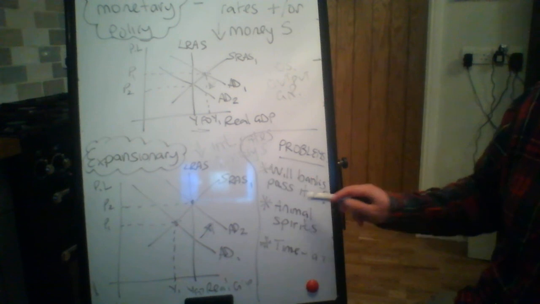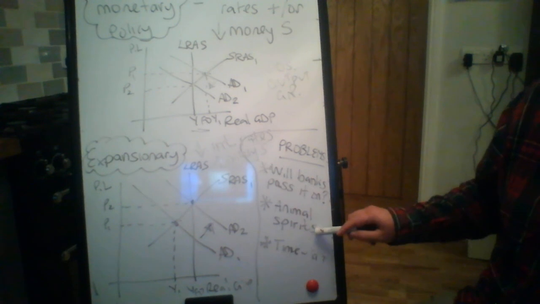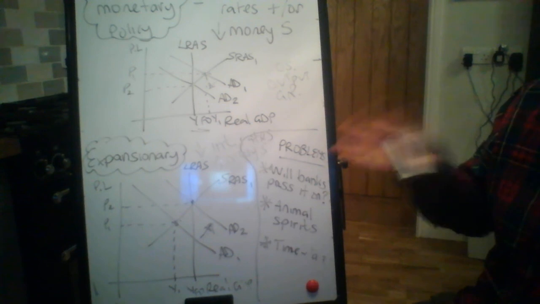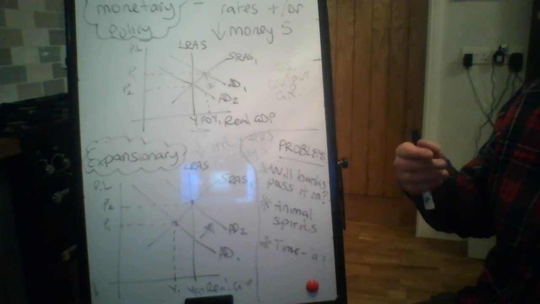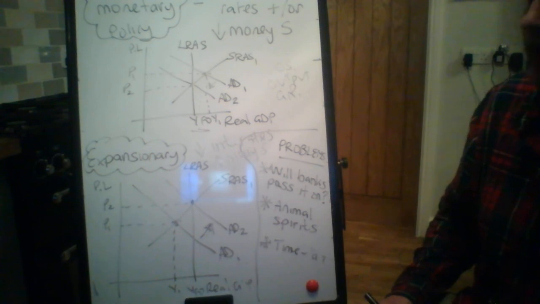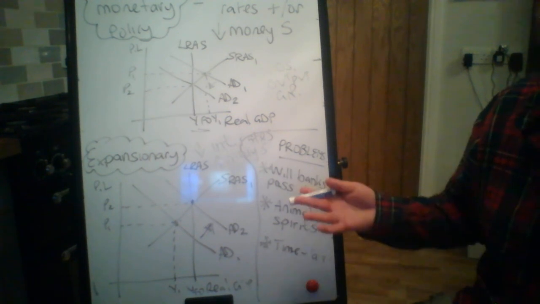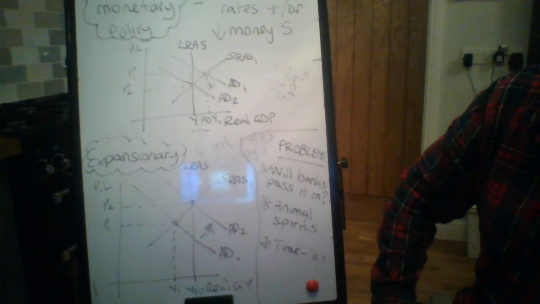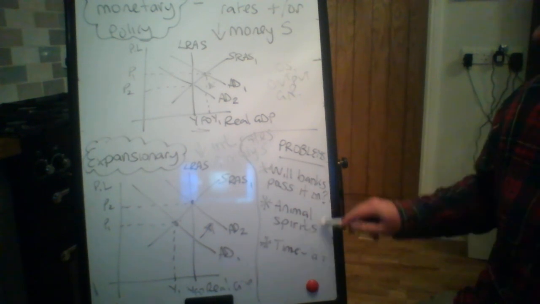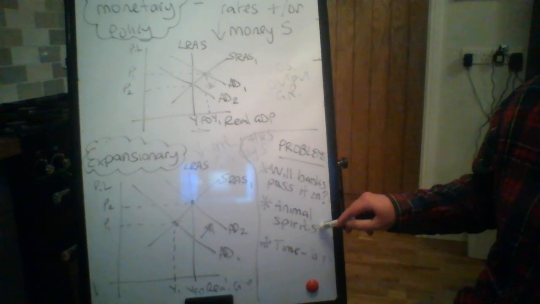Now, you've also got to think about animal spirits as well. Right now, for example, interest rates are running at a record low of 0.1%. But then you're reading in the newspapers, GDP could fall by record levels. Unemployment's starting to increase. British Airways announced today 12,000 jobs could be at stake. Well, just because you've got lower interest rates, it doesn't mean that people are confident enough to borrow money.